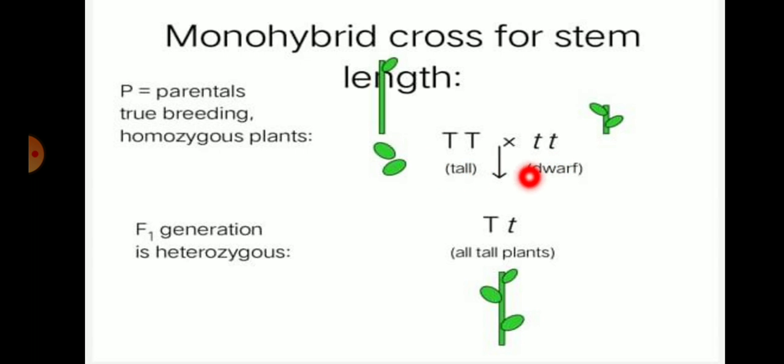He hybridized these two plants and formed the F1 generation, which is heterozygous, but the result is that all plants formed in the F1 generation are tall.